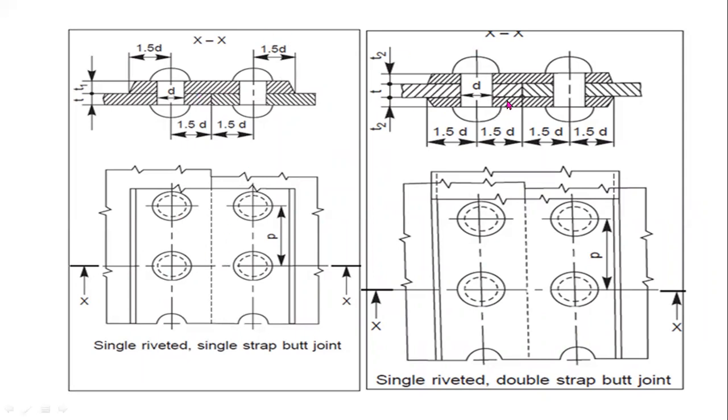These are the two plates, and to join these two plates we are using two cover plates or straps. So this is a single riveted double strap butt joint. This one is also a single riveted butt joint.